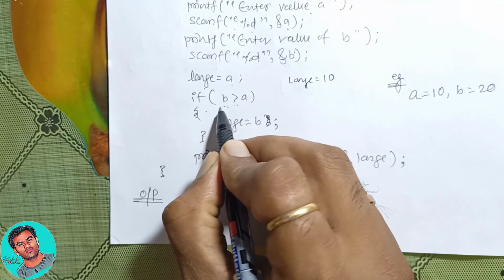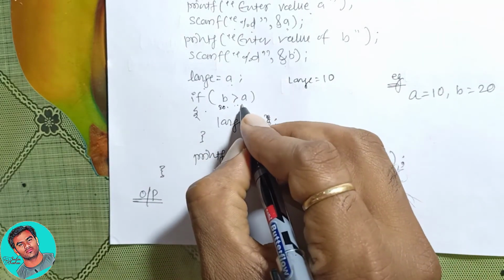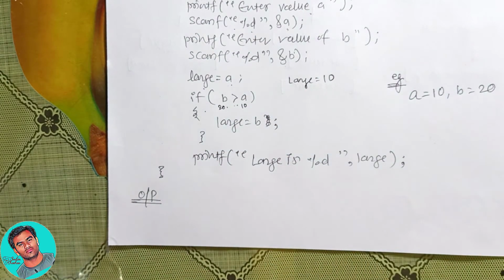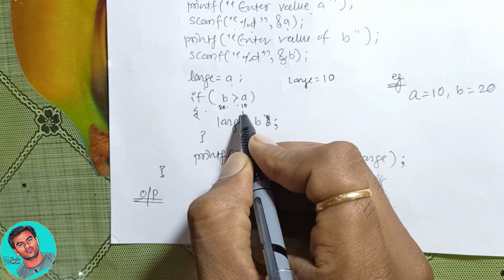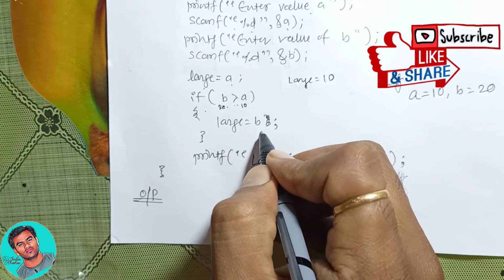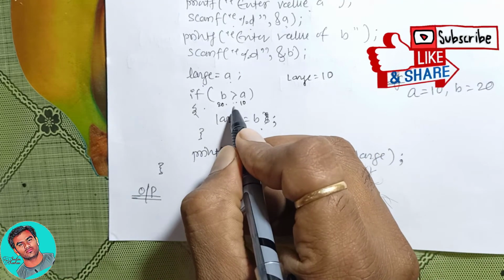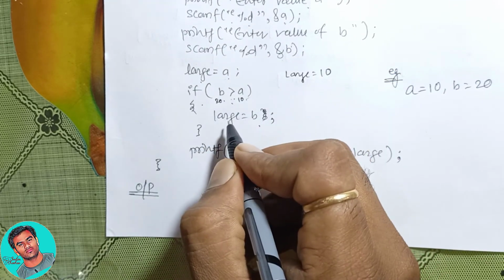Then b, that is 20, greater than a, that is 10, so the values get inserted here, and then the condition gets checked: 20 is greater than 10. If this condition is true, then what happens, large equals b. That means if this condition is true, then the code in this bracket gets executed.